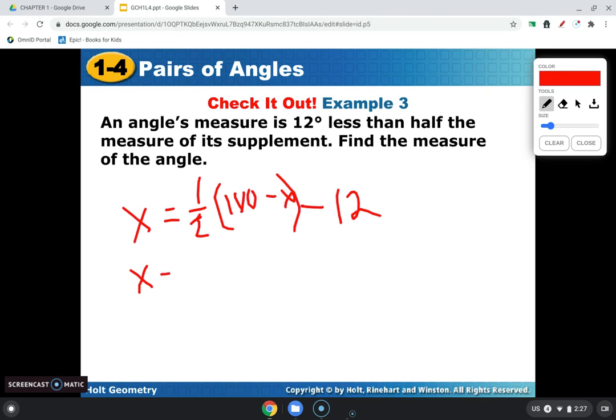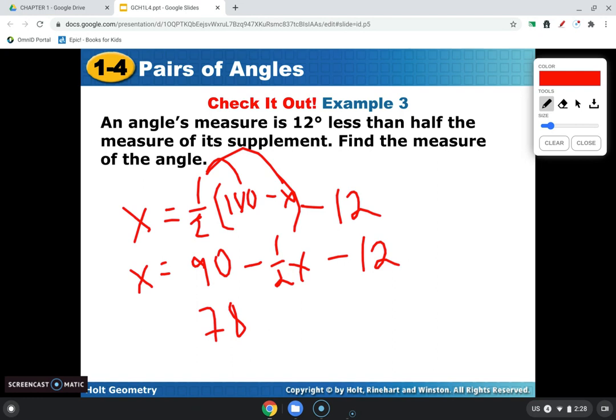So we got x equals, well, half of 180 is 90. Half times negative x is negative 1/2 x. And then the minus 12 is out here. Okay, so 90 minus 12 is 78.